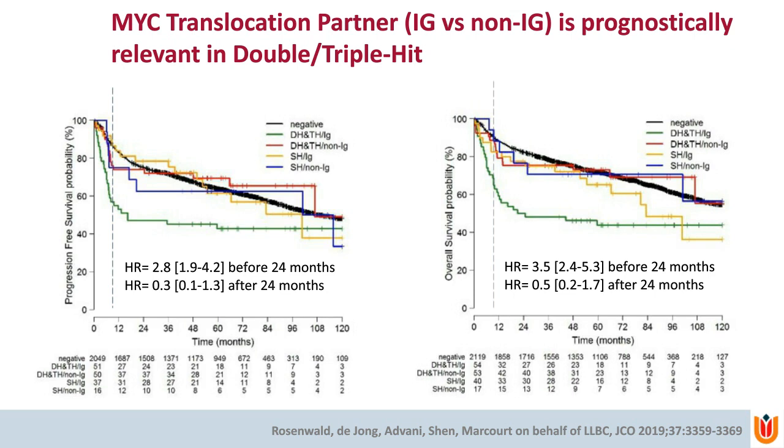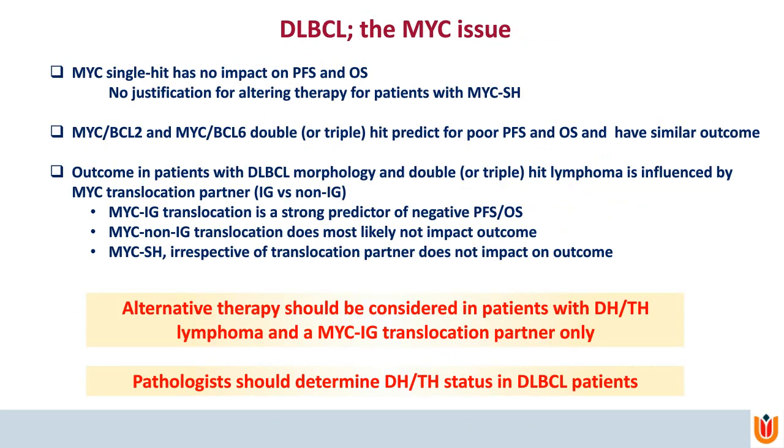So in summary, it means that the problem is in diffuse large B-cell lymphoma with a double hit, triple hit context with an IG partner. And that there is a rationale to treat these patients differently, while there is no justification yet to treat patients that do not have this specific context any different than we do our regular DLBCL patients using our CHOP.